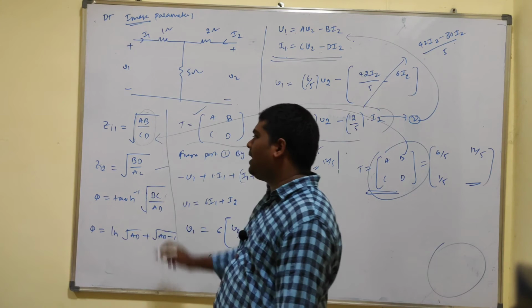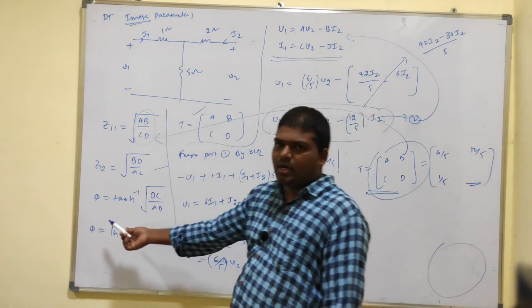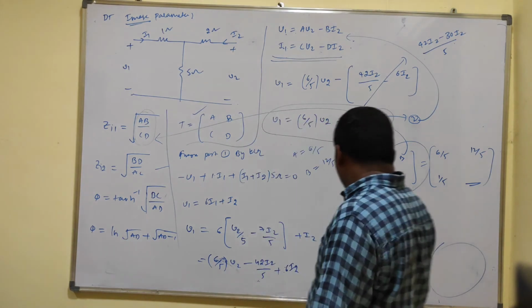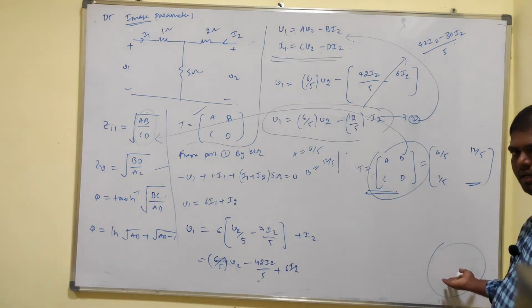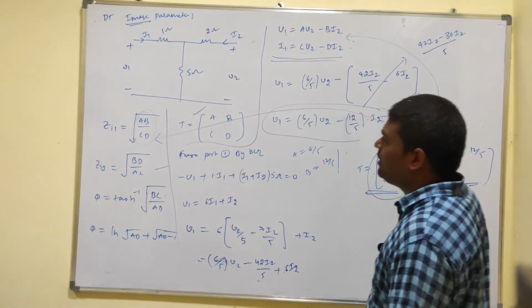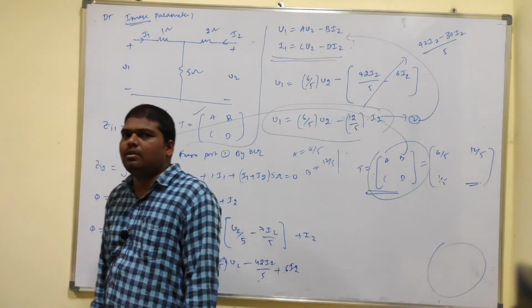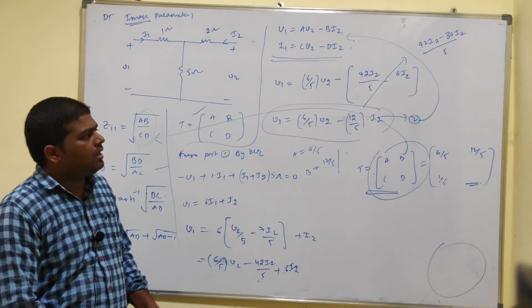Then you will get ZI1, ZI2, psi, and the image transfer constant value. So problems occur like this.